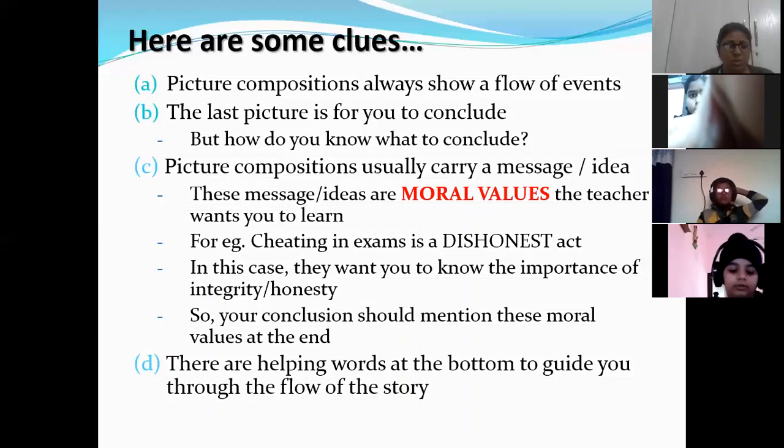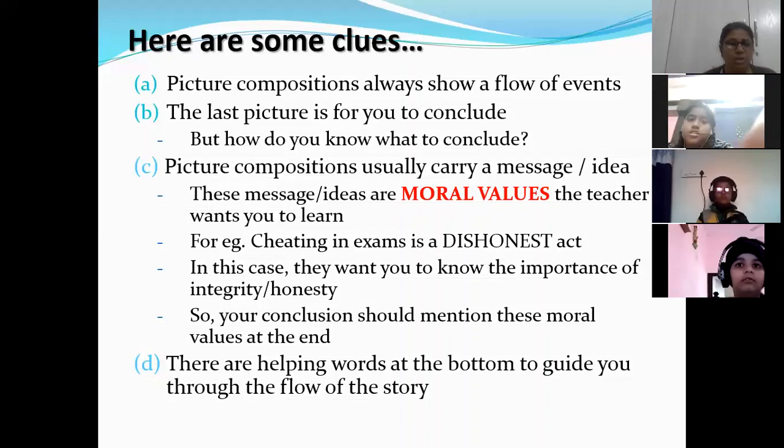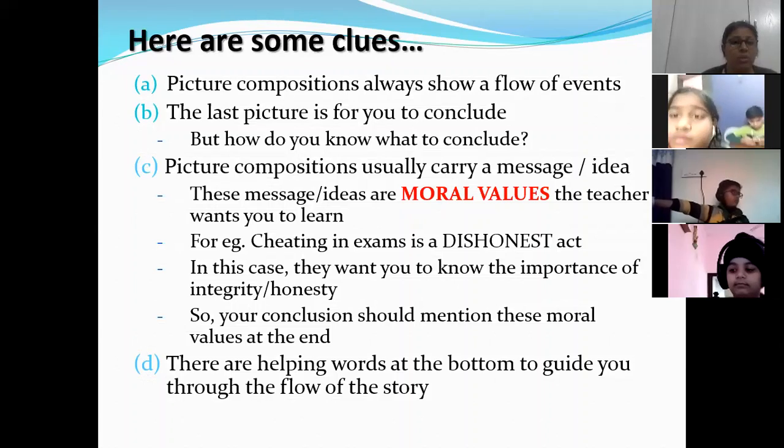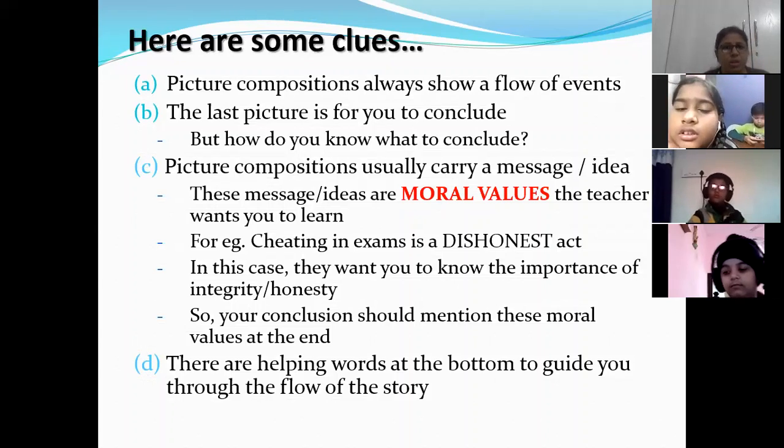This way your composition should start, and when you are concluding, it should have some moral value or some message also. The last picture is for you to conclude. But how do you know what to conclude?